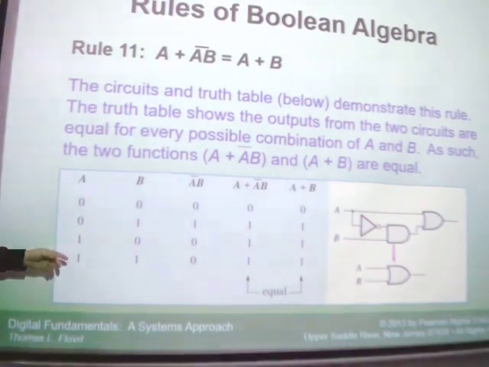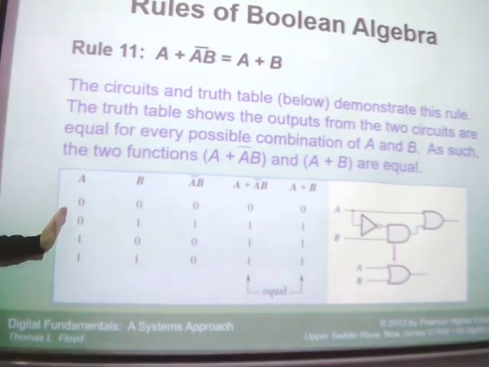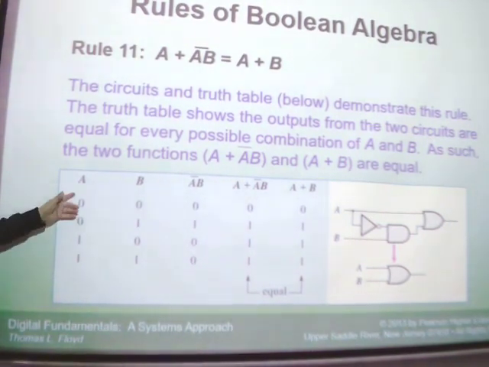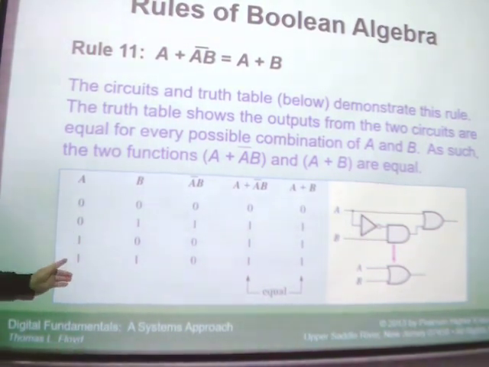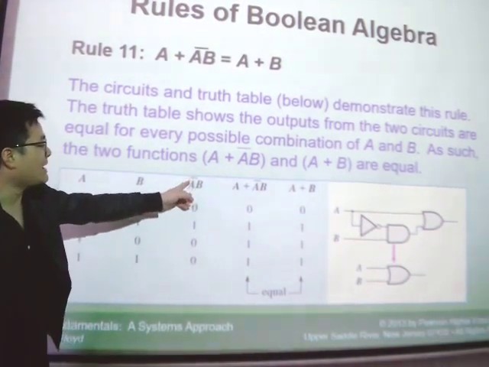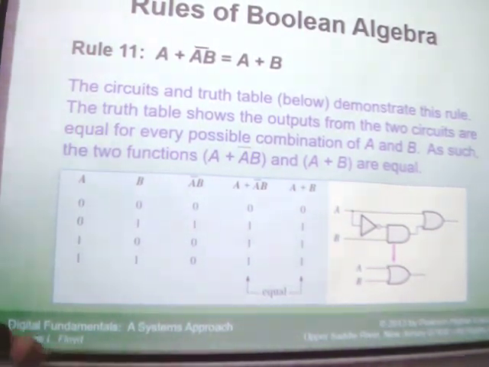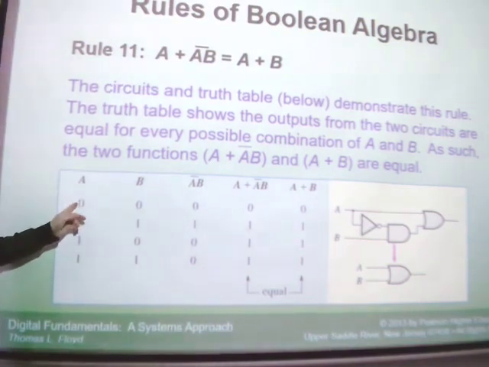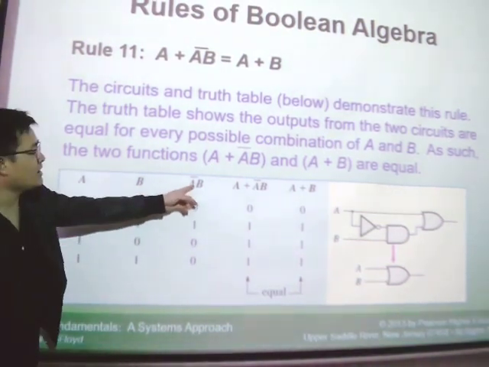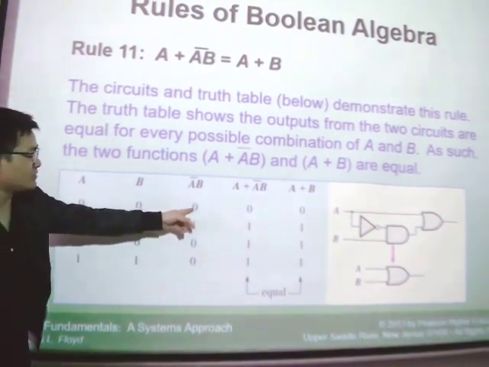This is the truth table. A, B. There are four different kinds of combination. A over bar and B: A equals 0, then A over bar equals 1. 1 and 0 equals 0.